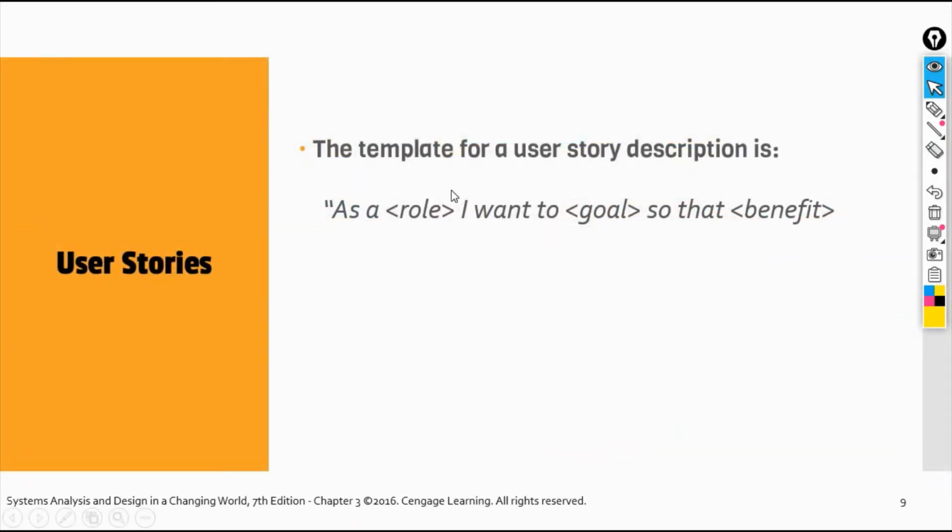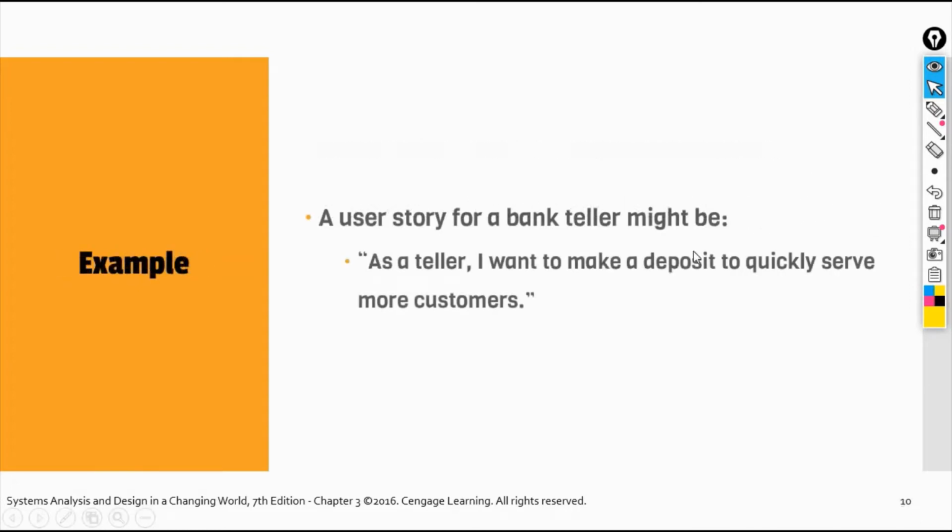A standard template helps users think through what they want and why they want it. So the standard template for a user story looks like this: as a role of the user, I want to, what the goal is, so that, and what the benefit is. As an example, here is a user story for a bank teller.